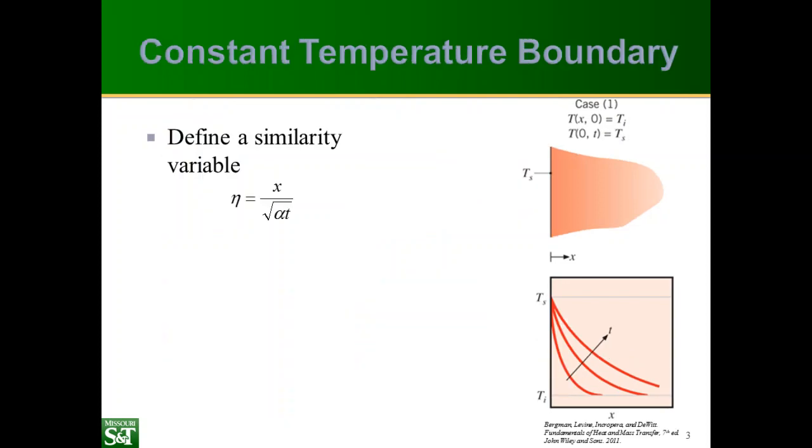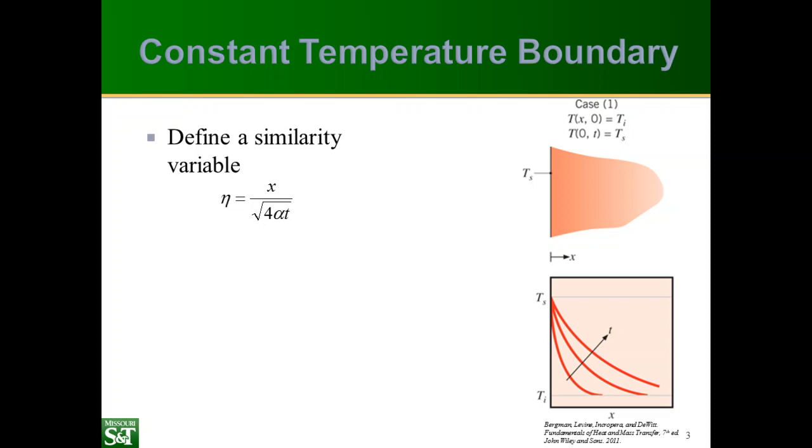So the first case is to look at our constant temperature boundary condition. We're going to use some dimensional analysis to define a similarity variable eta. And eta is a dimensionless variable that's going to be used to characterize both time and position. You can see it contains both time and x here.